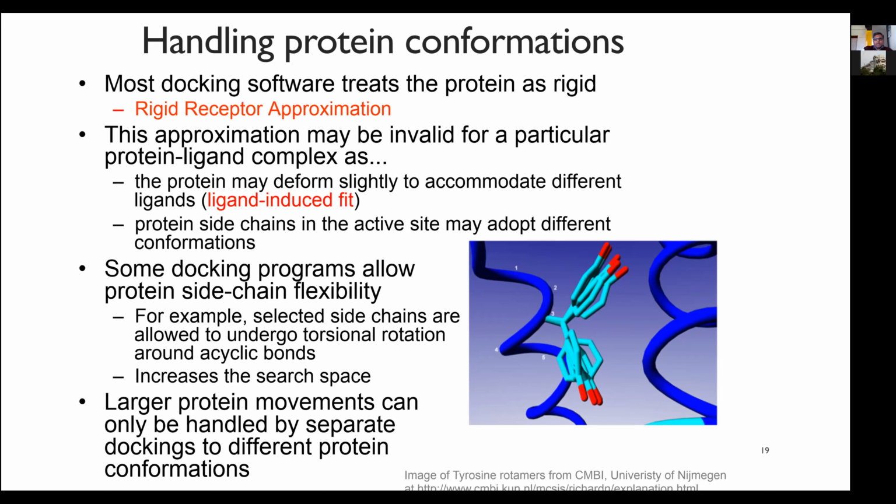Now, if you still want to consider protein flexibility in your docking process, the best way is to use multiple conformation or consensus docking. What we call is, you use multiple conformations of your protein, and you find out those ligands which can bind with those multiple conformations of the protein. So this is a reasonable way to incorporate protein flexibility in your docking process.